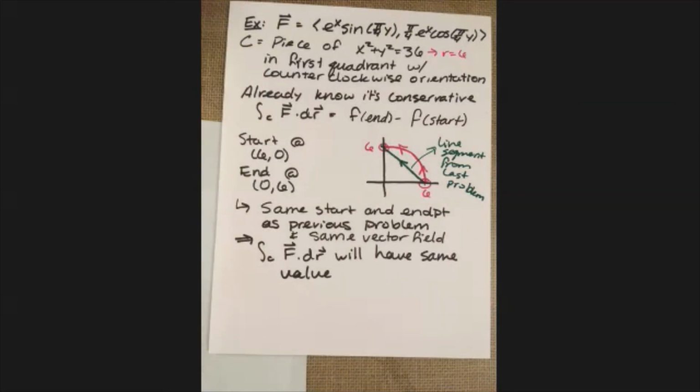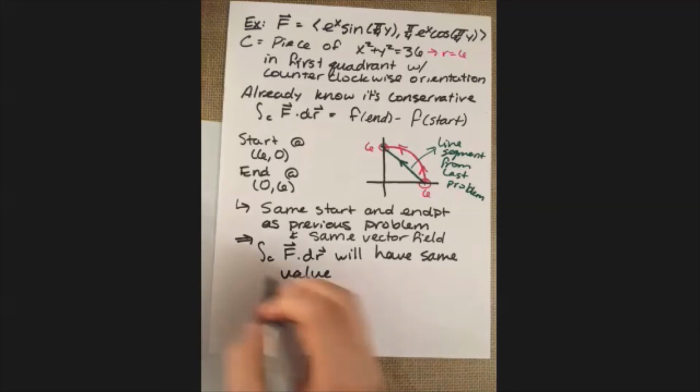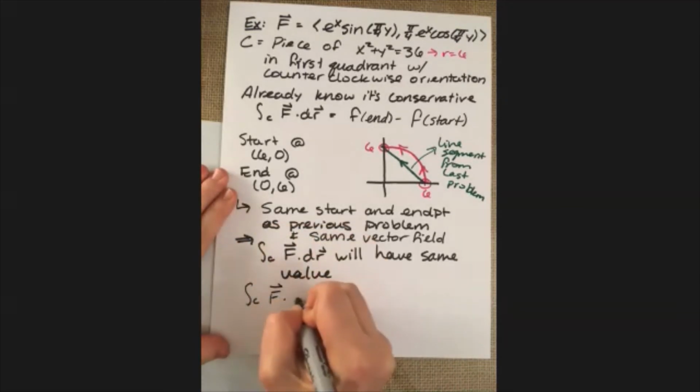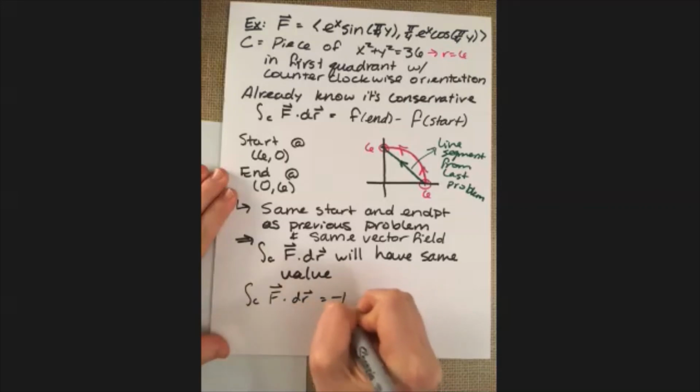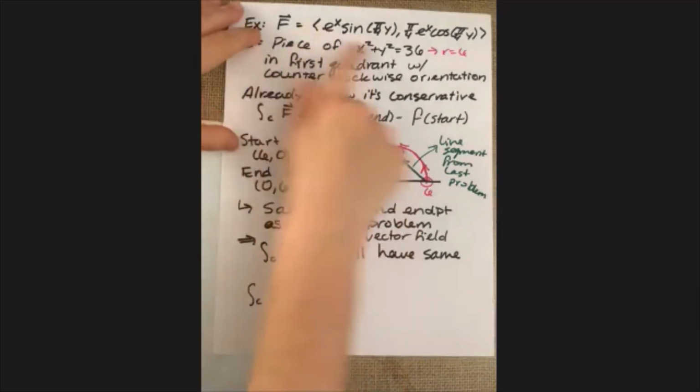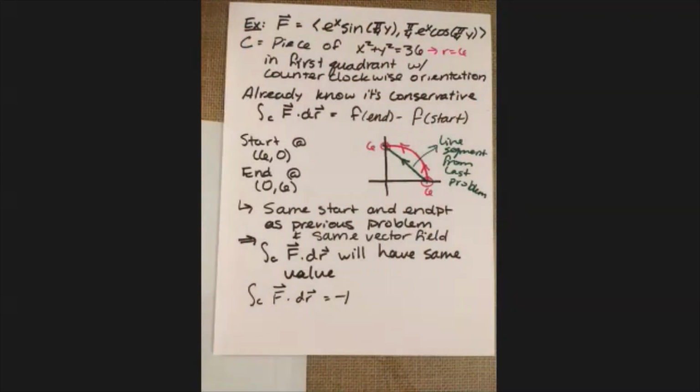Well, we just saved a ton of work by noting that, because now we know that the integral over C of f dot dr has to just be equal to what it was last time, -1. That's all there is to it. Otherwise, without having this ability to apply the fundamental theorem for line integrals, we would have to go through and do the whole thing all over again, parameterizing it, figuring out your start and your end point, all that stuff.